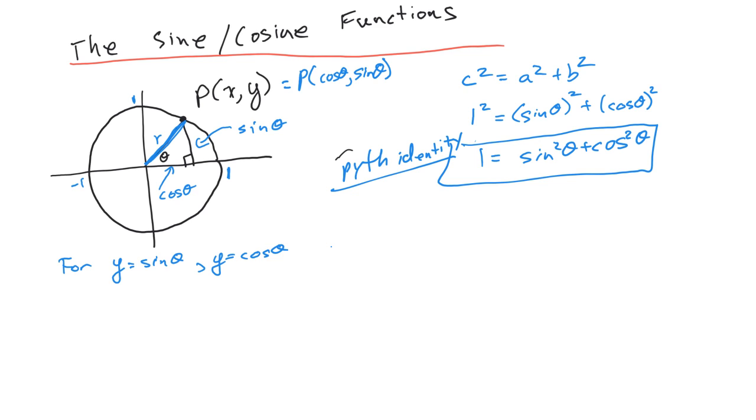Their domain is all real numbers, and their y values for both of these are such that y is greater than or equal to -1, but less than or equal to 1, where y belongs to all real numbers.